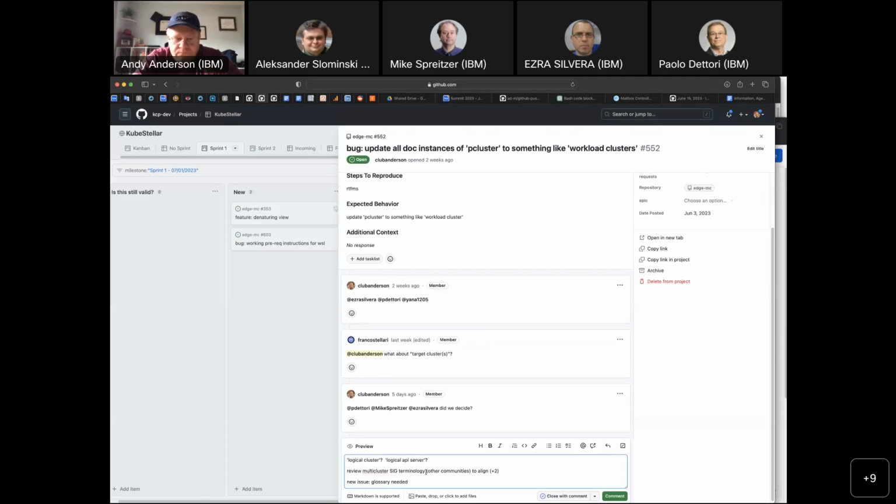So I would like to find, if possible, something that is shorter. I understand the need to be precise, but on the other hand I'd like to find something shorter that we can use. And I don't think we have yet answered this poll about the workload cluster. We're just talking now about other stuff, but in general, yes, this terminology we have to figure out.